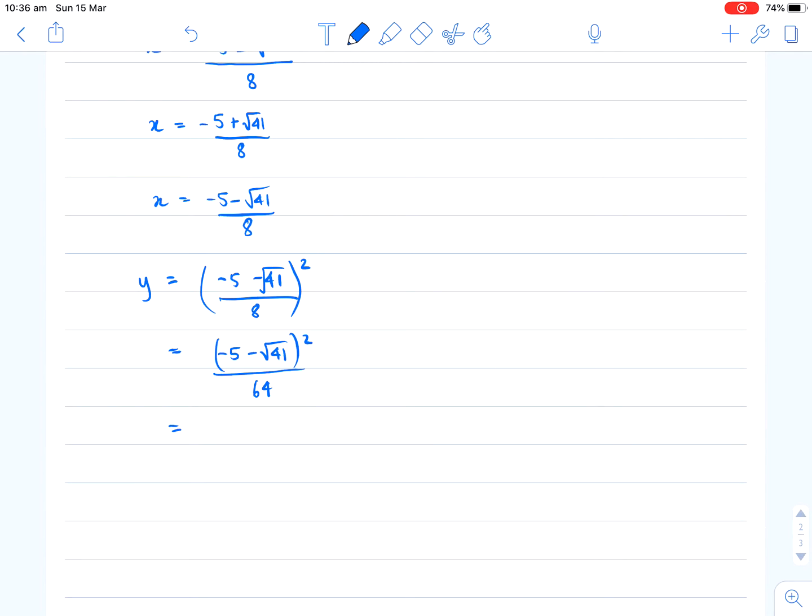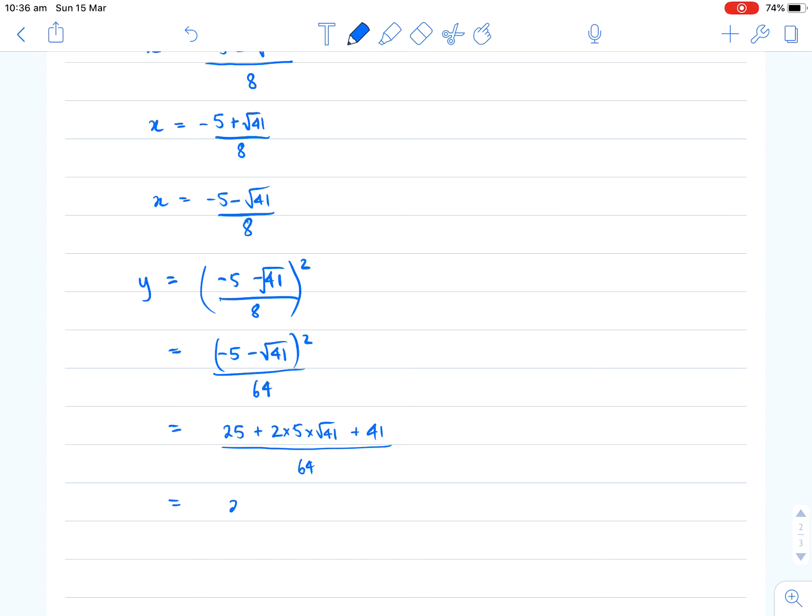Now I've got to square the top bracket, and I can do this with expansion, so it'll become 25 + 2 times 5 times root 41, this is that binomial expansion but not with algebra now, plus 41, because root 41 squared is 41, all divided by 64.